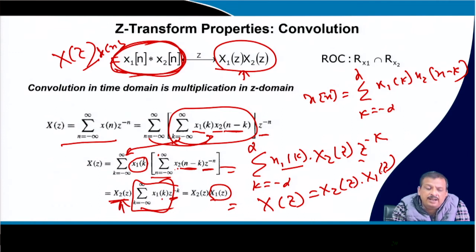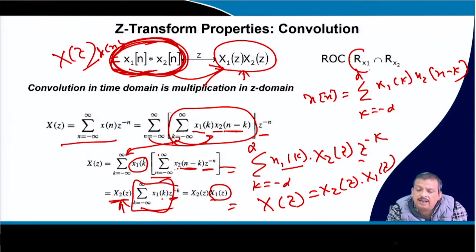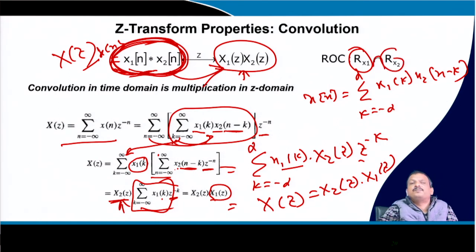So I can say time domain convolution is nothing but multiplication in z domain, and the region of convergence is the intersection of the regions of convergence of both signals.